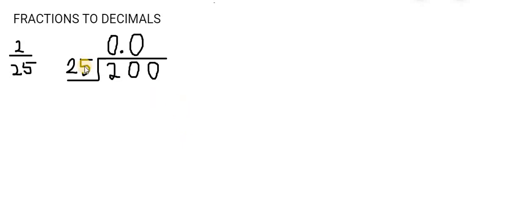We then say, how many 25s in 200? Okay, if you go through the 25s times table, that's 8. And so we subtract, and that's zeros. Okay, make sure you take your time with this one, understand what I did with the decimal point, and then adding the zeros.